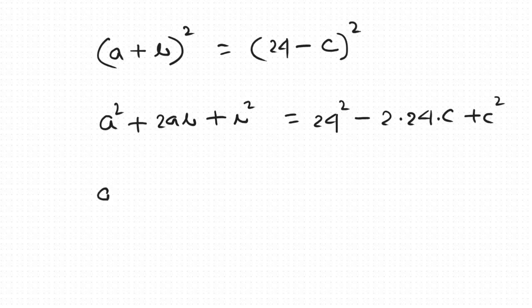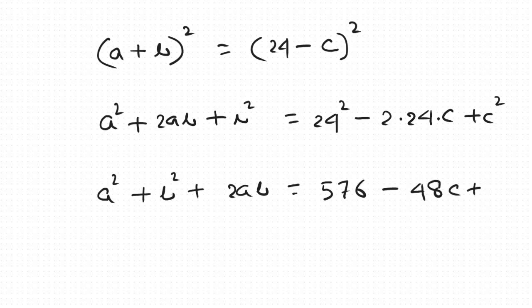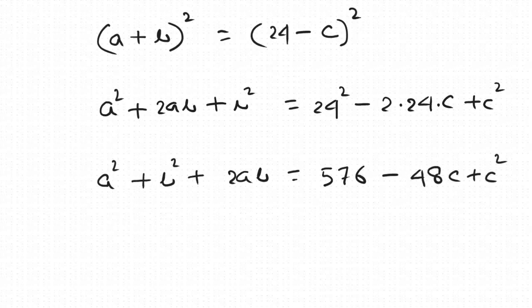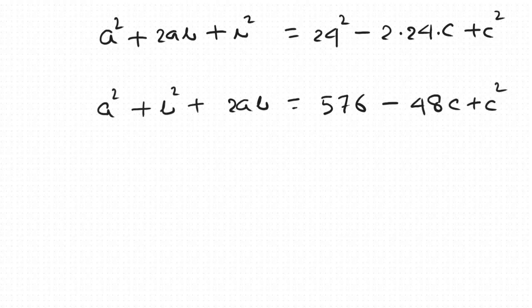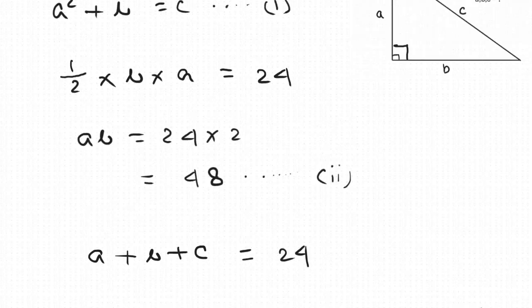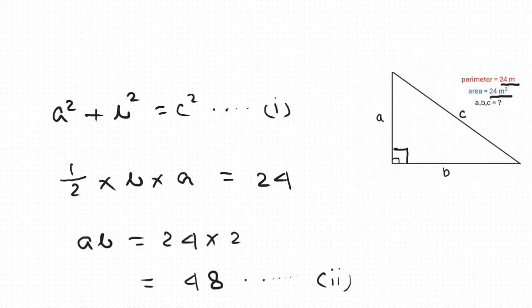Then we can write A square plus B square plus 2AB equals 24 times 24, which is 576, minus 48C plus C square. But for A square plus B square, we can write this as C square from equation 1.